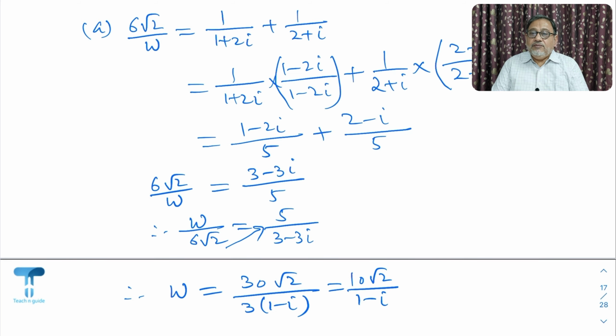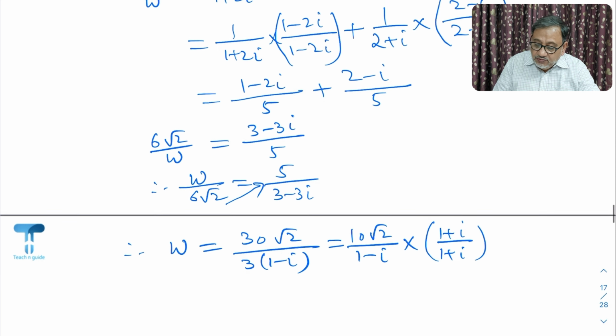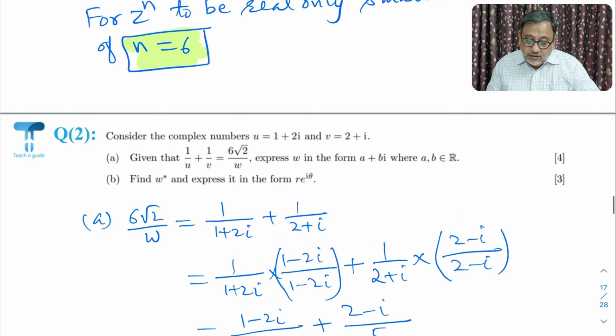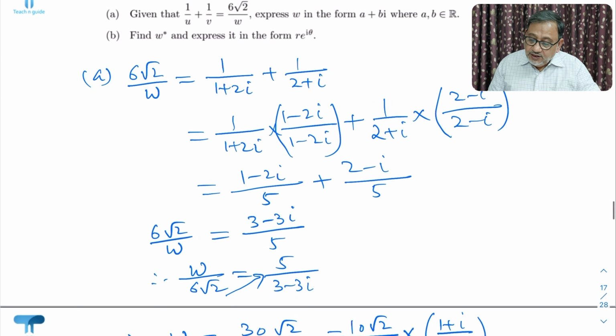Okay. And 1 minus i we will again rationalize. So we will multiply by the conjugate 1 plus i. So finally 1 plus 1 is 2, and 10 root 2, we'll have 1 plus i. Okay. So w in the form a plus bi.